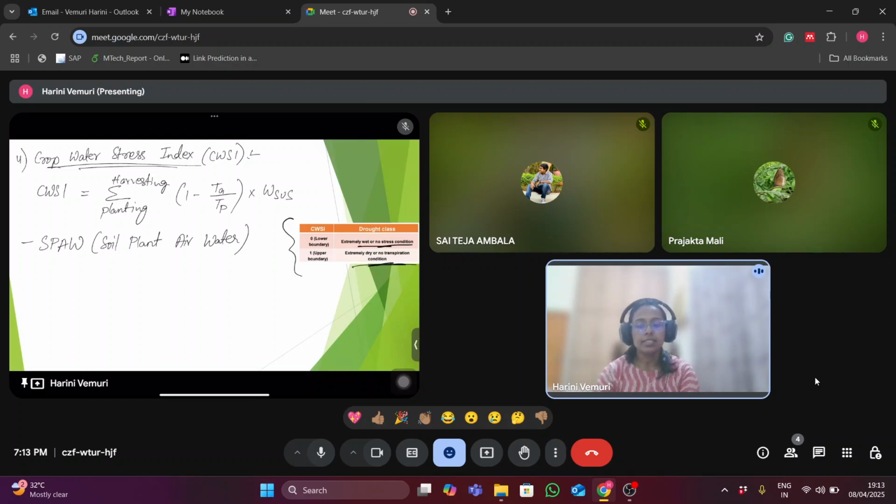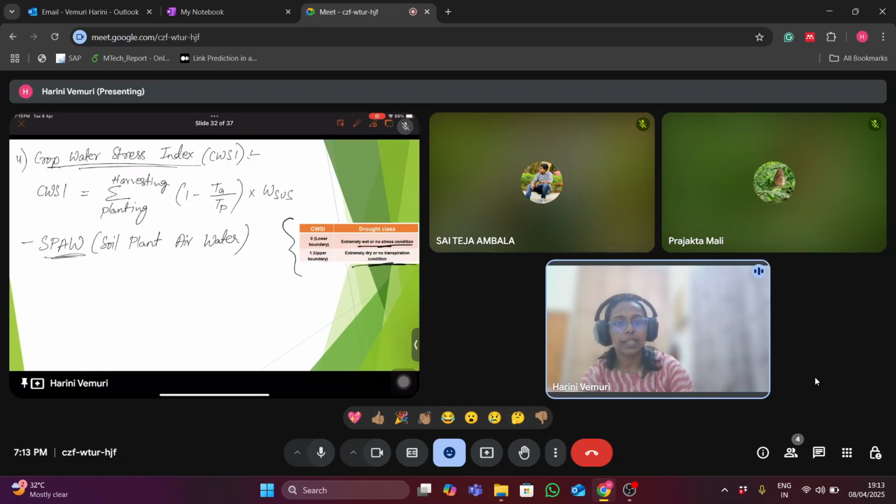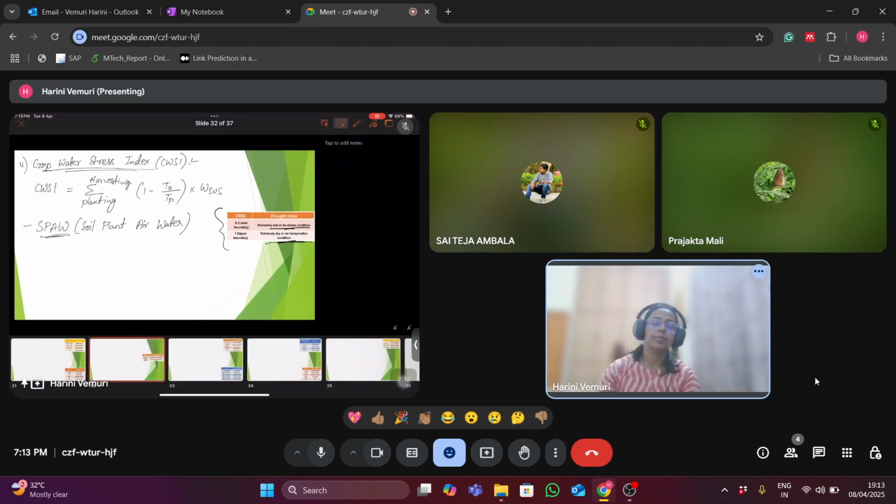The advantage is that it estimates using dynamic simulation models, and their performance is reasonably good. The disadvantage is that the SPAW model calibration has to be done for each crop and at each region. So that means it will take a lot of time for setting up the SPAW model.